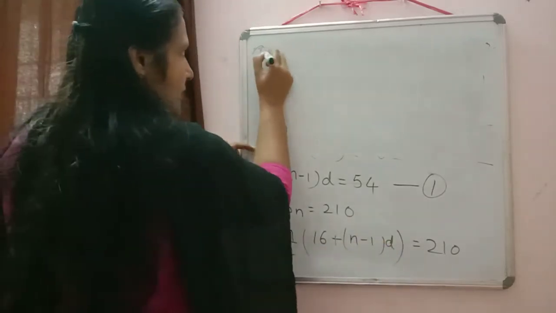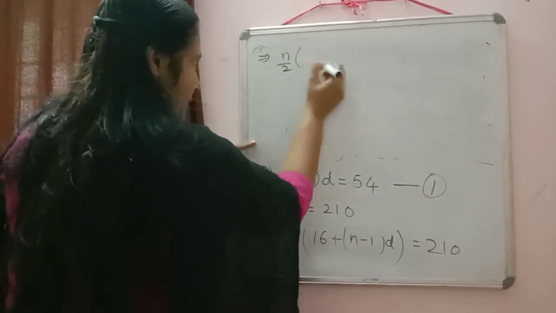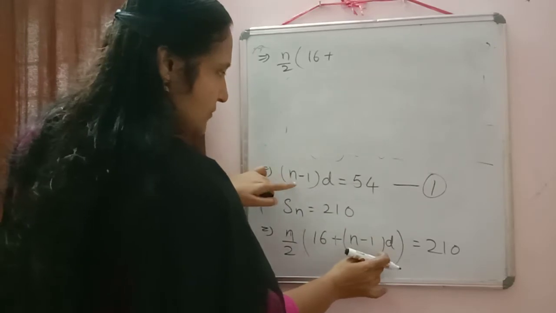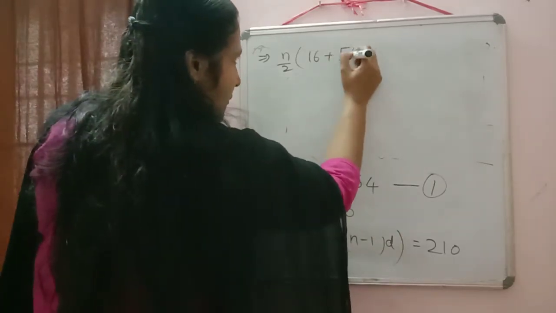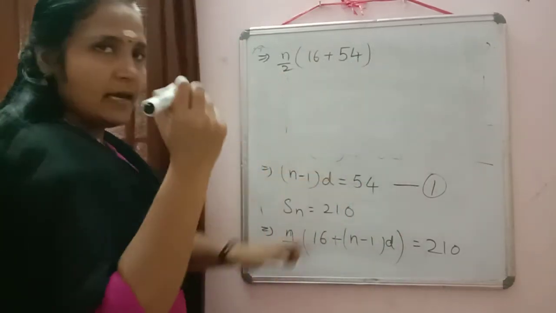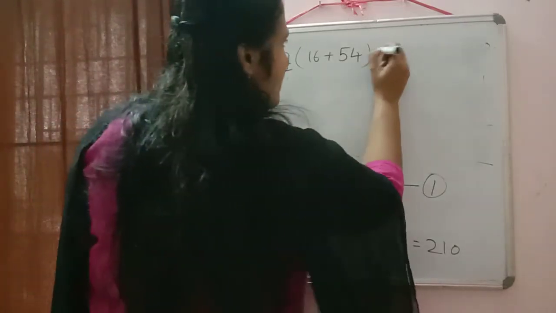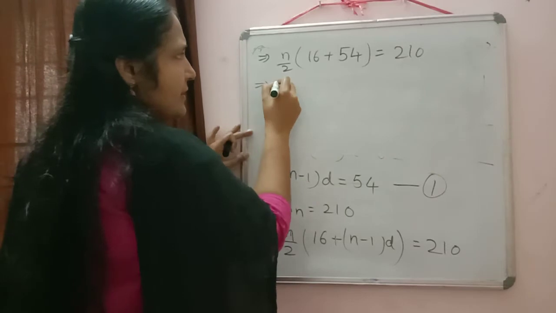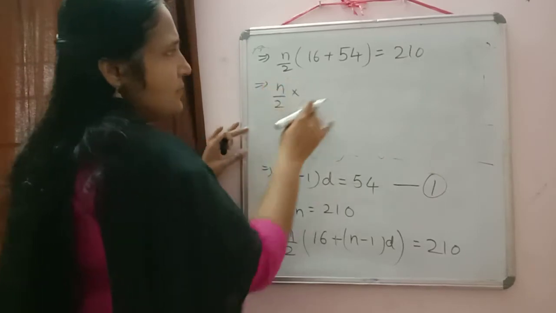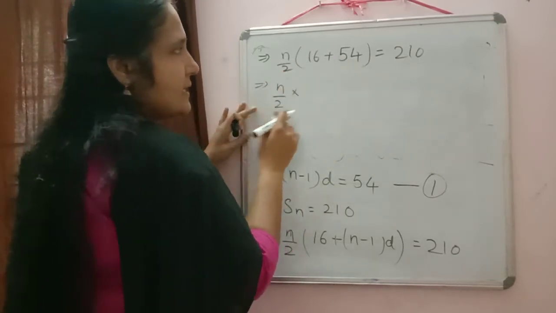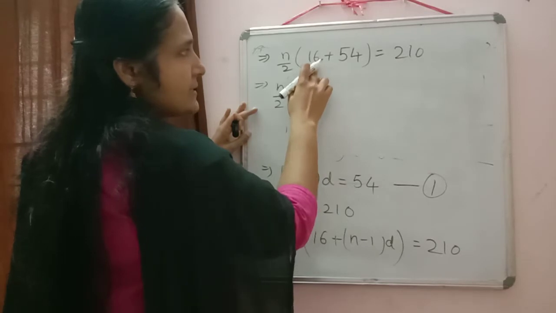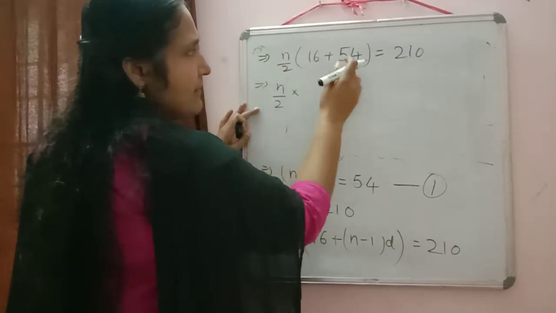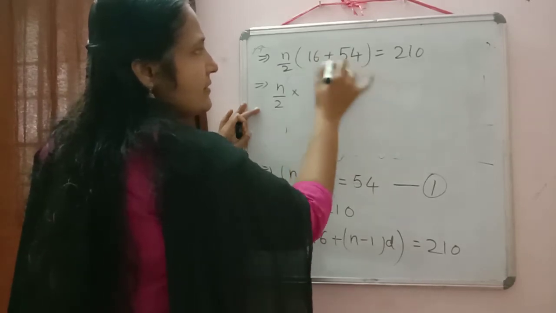Yes, so write down there n by 2 into 16 plus, in place of n minus 1 into d, I am substituting 54, from the first equation, equal to 210. Now we'll simplify it. We'll get n by 2 into 54 plus 16. 54 plus 6 will be equal to 60. Plus 10 will be equal to 70. Correct?